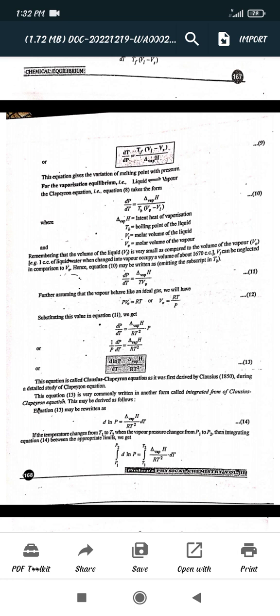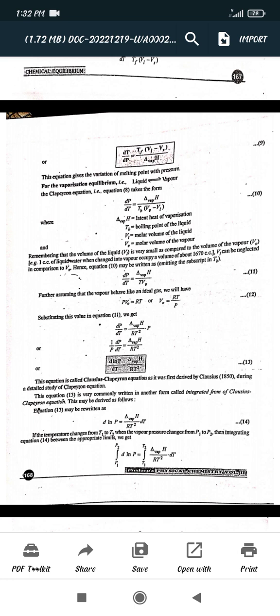the integration of d ln P within limits P1 to P2 is equal to the integration of ΔHv by RT square dT within limits T1 to T2.